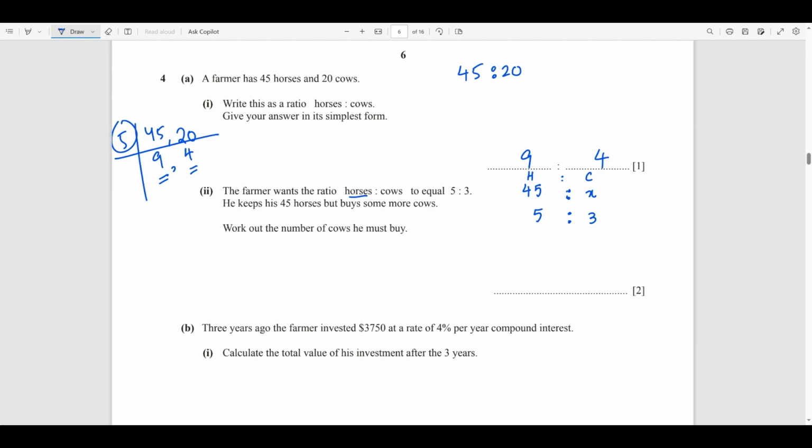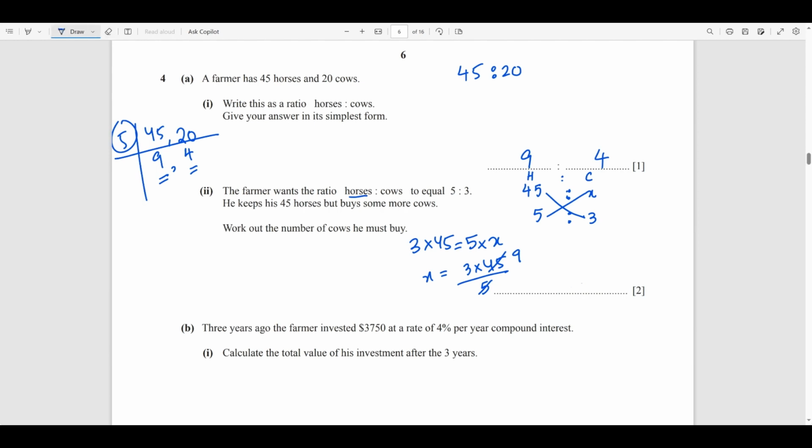You can do it by cross multiplication. You can do it by making the ratio the same, like 5 times 9 is 45, so 3 times 9 will give you this number, or you can simply do it by cross multiplication. 3 times 45 will give you 5 times x, and then x is 3 times 45 divided by 5, which is 3 times 9. 27 are the cows.